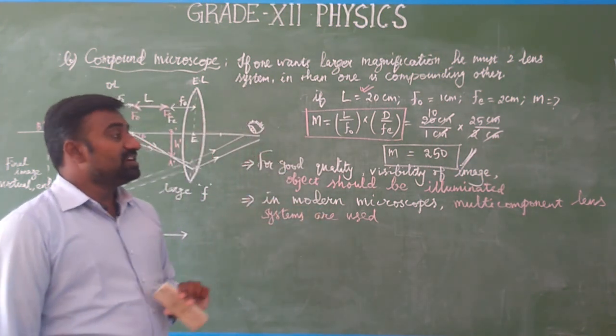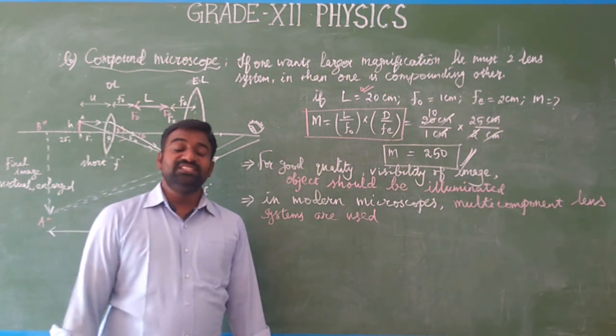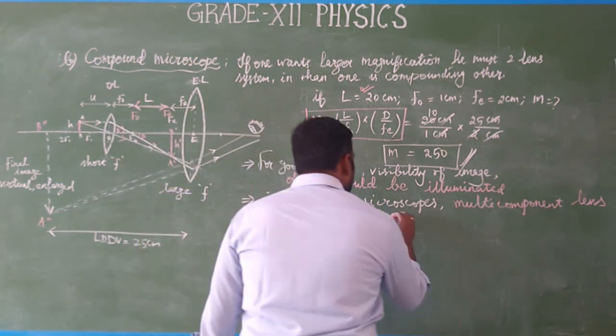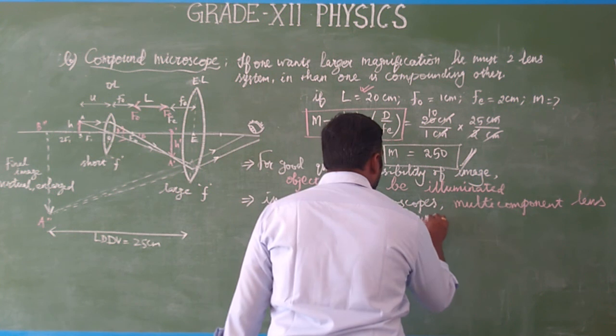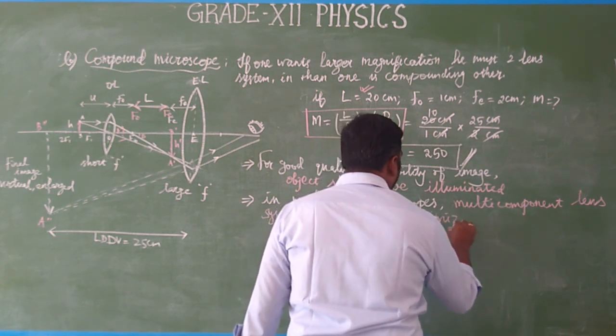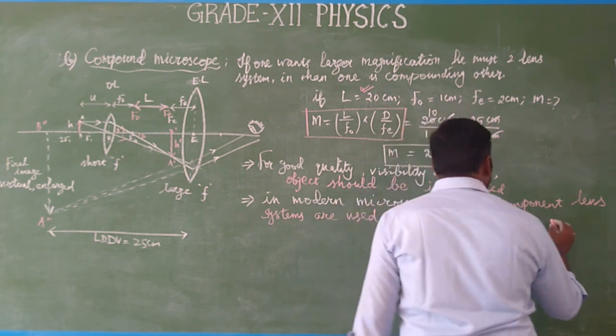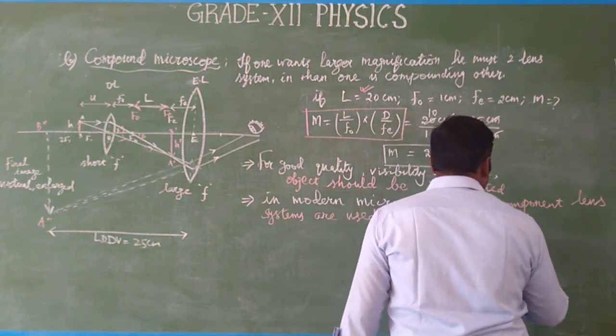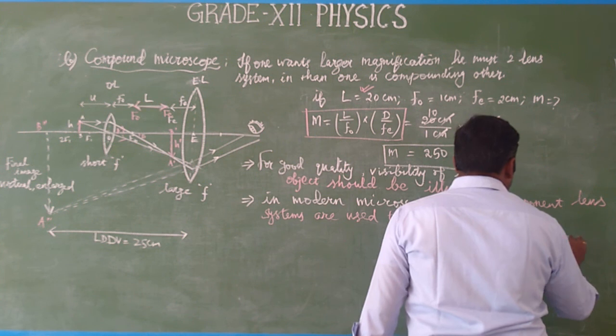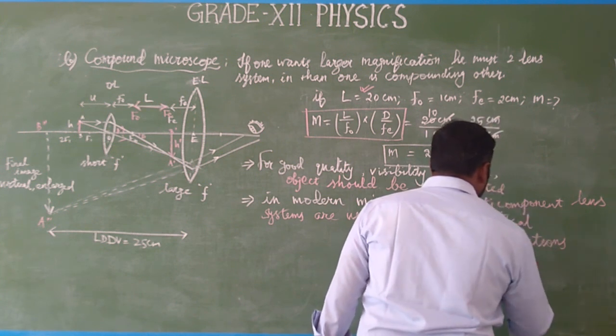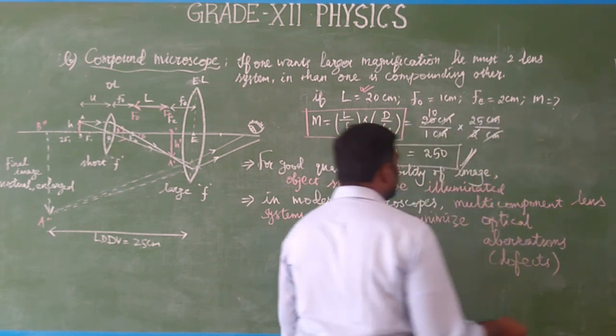To minimize the optical aberrations. Aberration means mistakes, that is called defects. Used to minimize or reduce optical aberrations. Okay, these are the limitations.